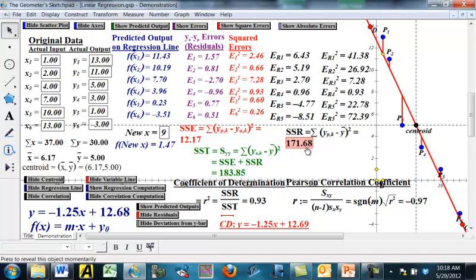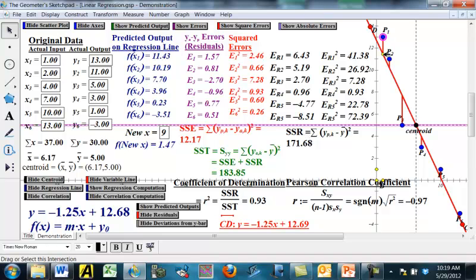Now this is a ratio of the total squares of the deviations. Remember that for S of YY, we're taking the Y's, taking their differences from the Y bar, squaring all those and adding them up.